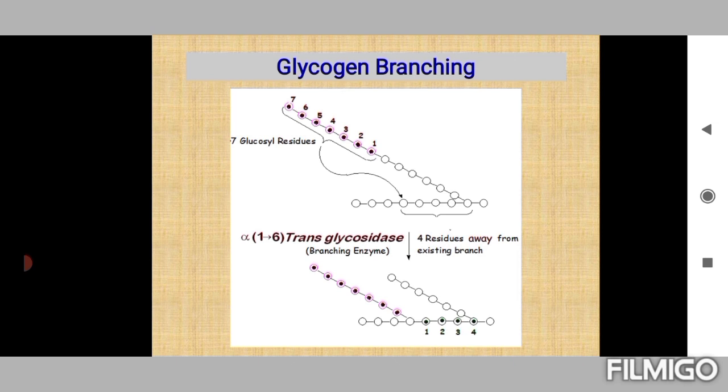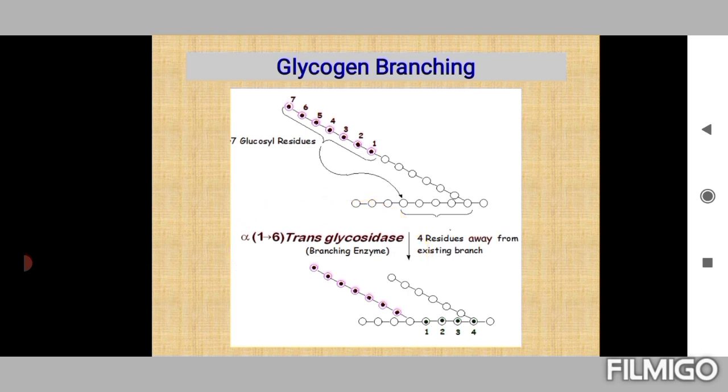These 7 glycosyl residues are taken to another position, let us say here, and fixed through alpha 1,6 bonding. Whenever this is done, the enzyme ensures that the new branch is at least 4 residues away from a previous branch. So this is the branching rule.